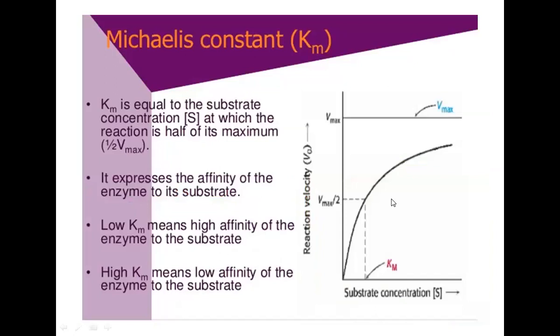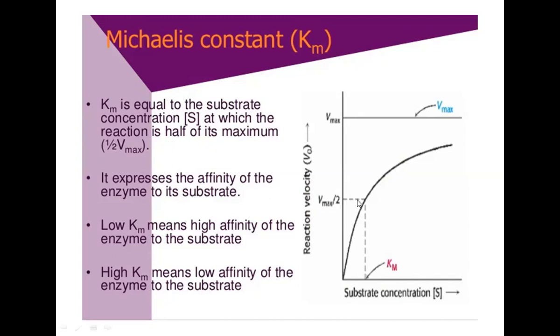So what do you mean by Km? That is the Michaelis constant, or Michaelis-Menten equation constant. We denote it by Km: K for constant, M for Michaelis. This is equal to the concentration of substrate at which the reaction is half of its maximum.